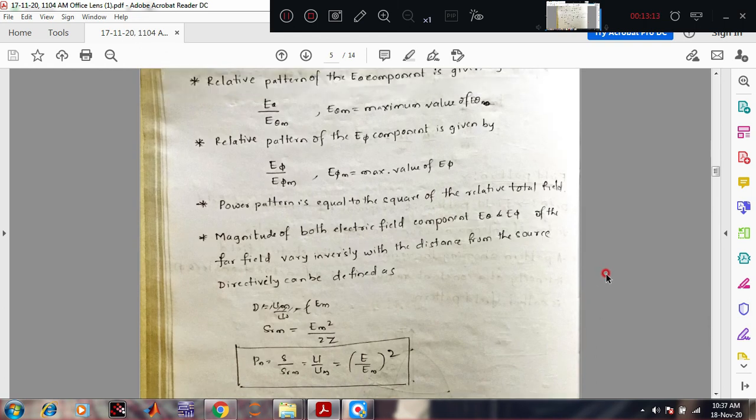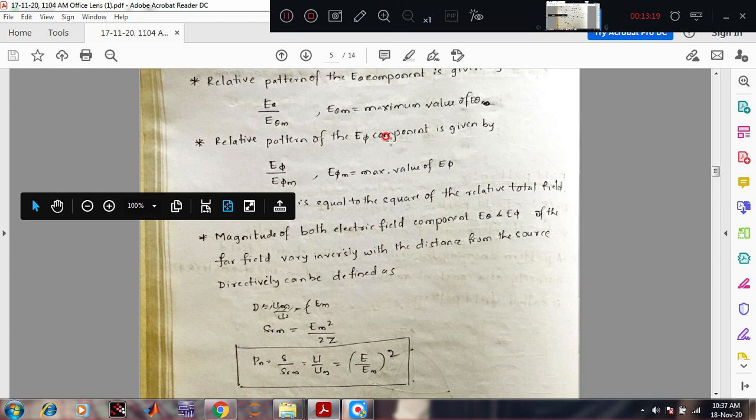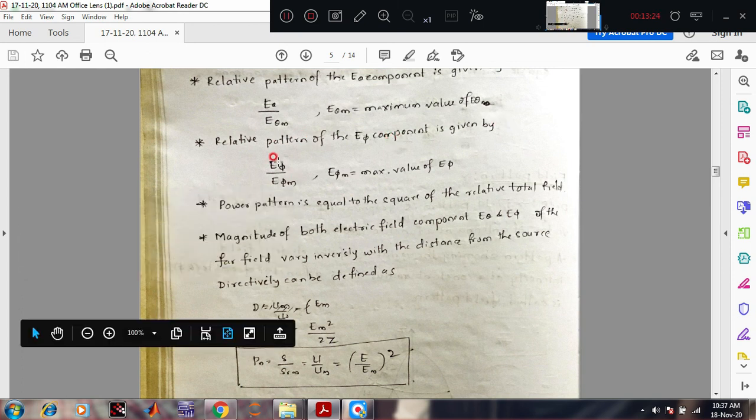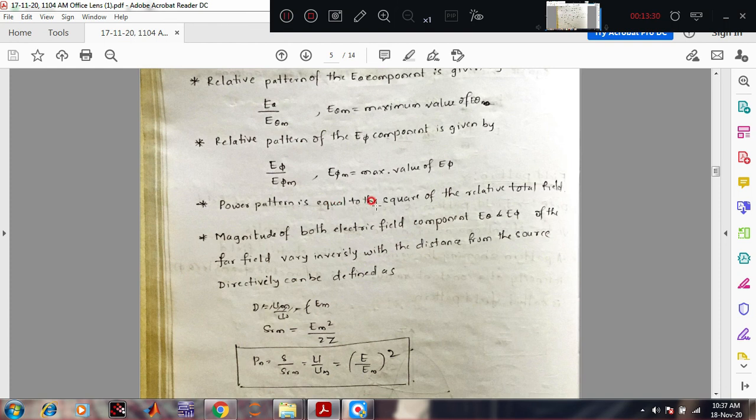So therefore E theta m will be what? Maximum value of E theta, right? Relative pattern of the E theta component is given by E theta by E theta m, where E theta m will be what? Maximum value of E theta. Power pattern is equal to the square of relative total field.